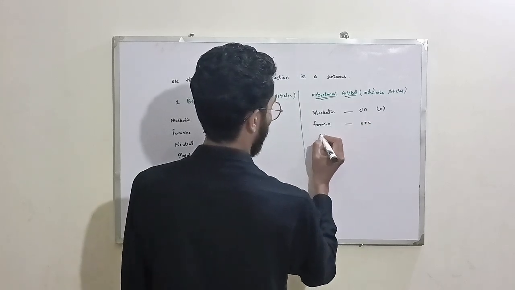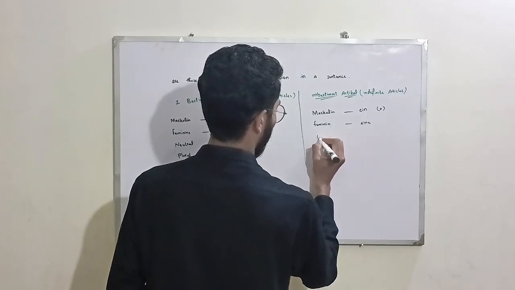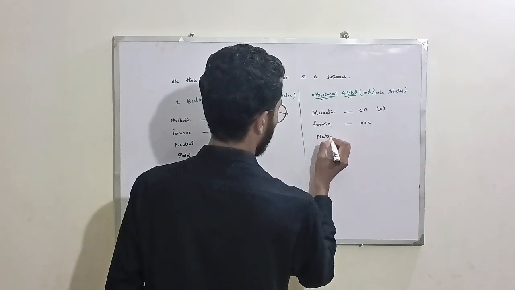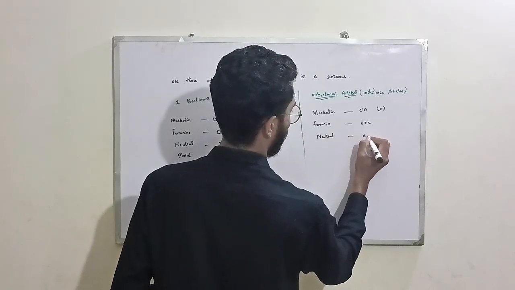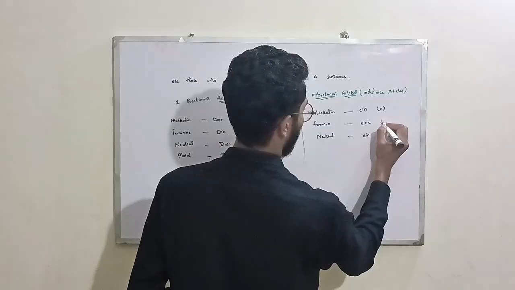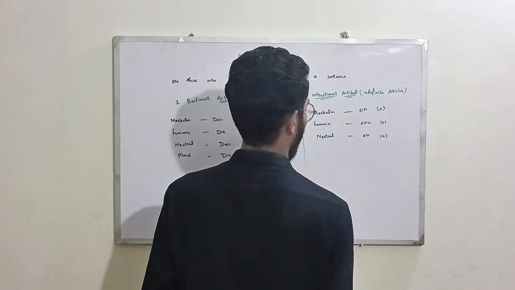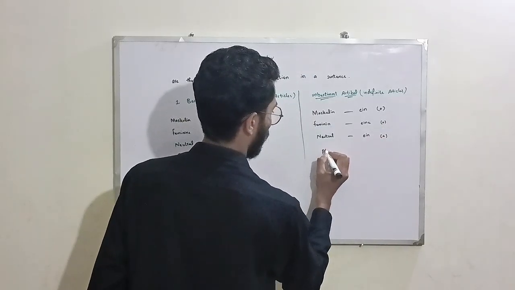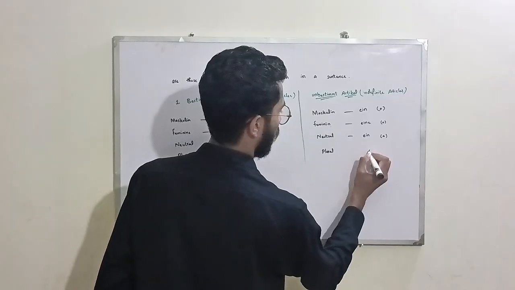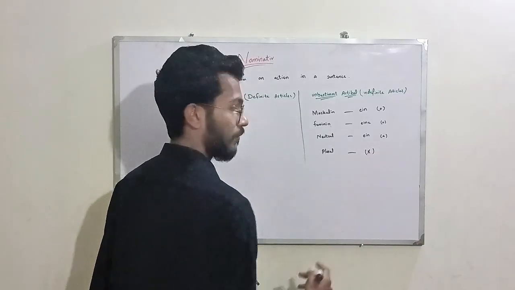And for neutral the article is ein. In unbestimmt articles there is no plural.